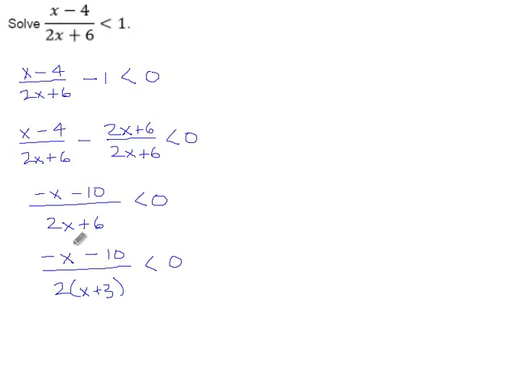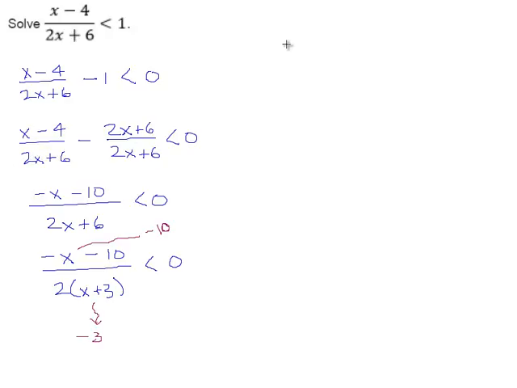So from the numerator, we get x could be negative 10. Negative 10 is one of our critical values, because if x is negative 10, we get 10 take away 10 is 0. Another issue is if x is negative 3, then we get division by 0, and that makes this thing undefined. So critical values at minus 10 and minus 3.